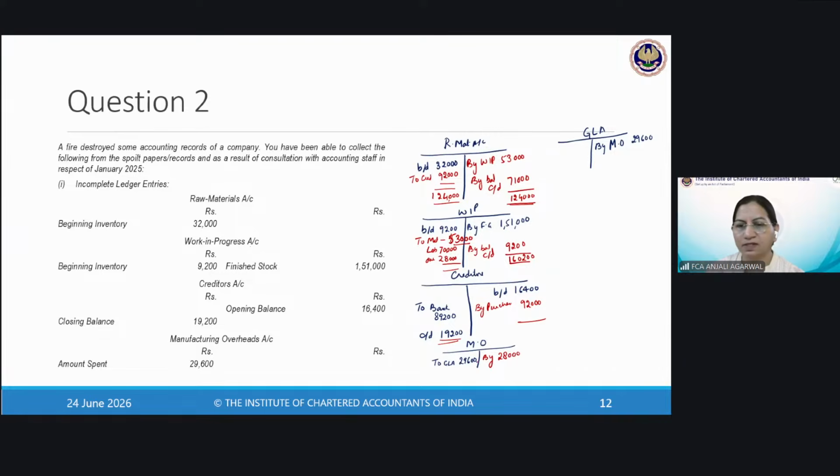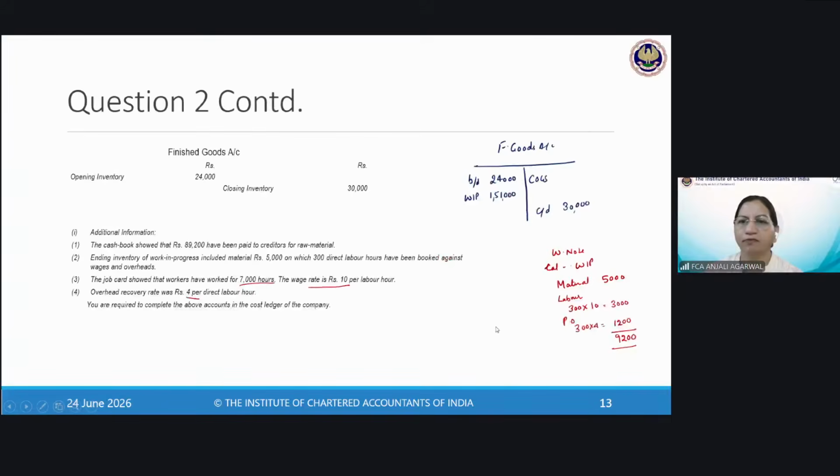So there is 1,600 under absorbed. You may charge it to P&L account. Manufacturing overheads is complete. Similarly, your finished goods account will give you the balancing figure as cost of goods sold. So with whatever the information we had, we have completed the above accounts in the past ledger, right?